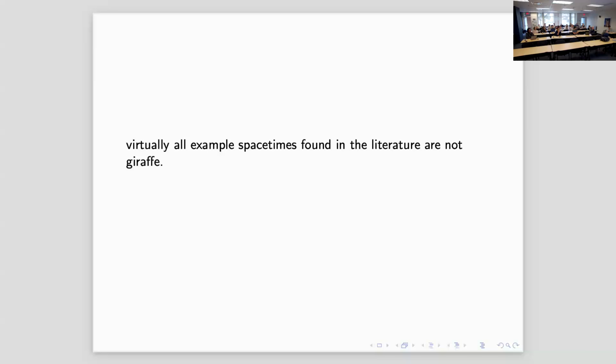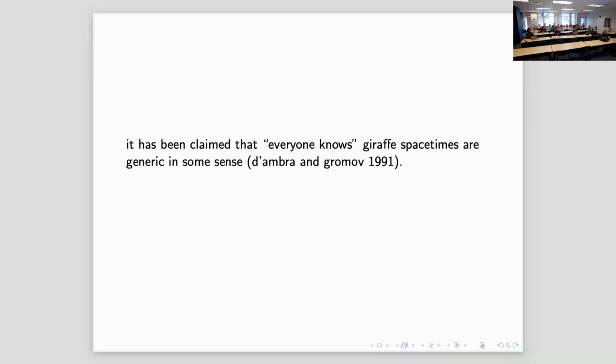You might get the picture that maybe giraffe spacetimes, maybe it's important to think about them. But I mean, really, our thoughts are directed at these other models. And yet, it's been claimed that everybody knows, at least everyone who thinks they know something about this, everyone knows that giraffe spacetimes are generic in some sense. So in the space of all spacetimes, giraffe spacetimes are almost everywhere, but of course, they're not generic among textbooks.